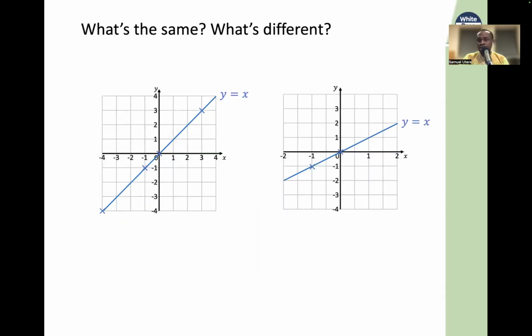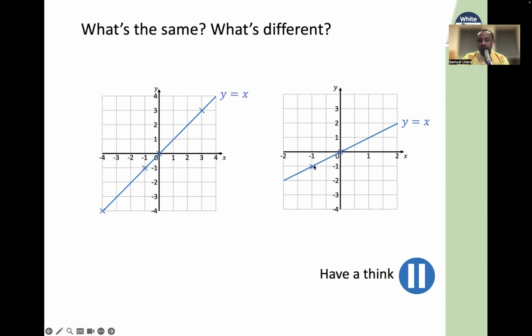But what's the same and what's different? Well, what's different is that the scale has changed for the x-axis, but the line is still the line y equals x. Take, for example, this point here.